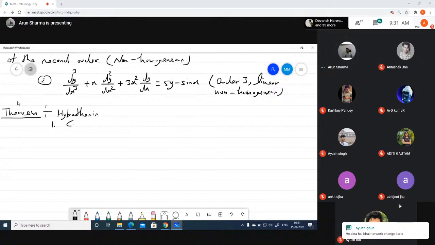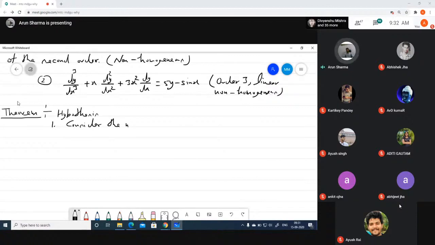Consider the nth order linear differential equation.